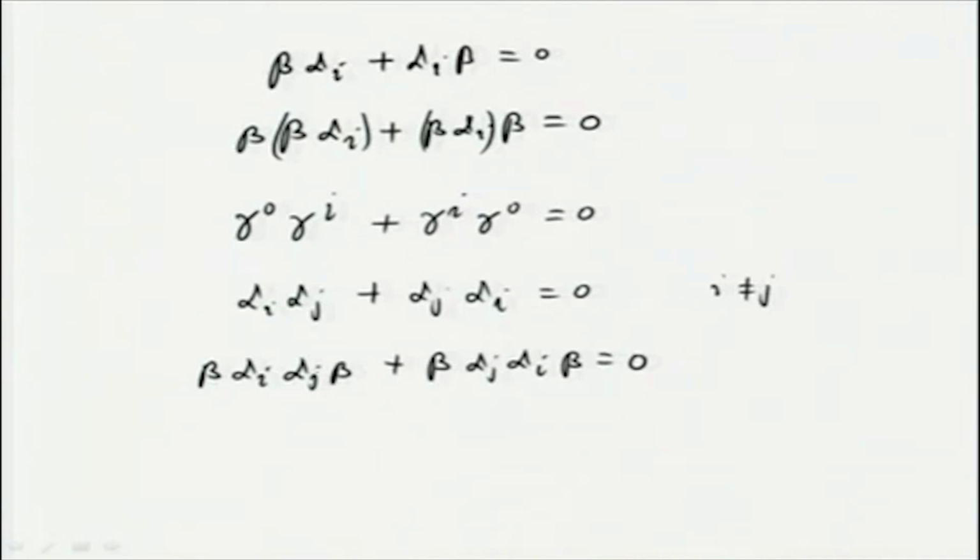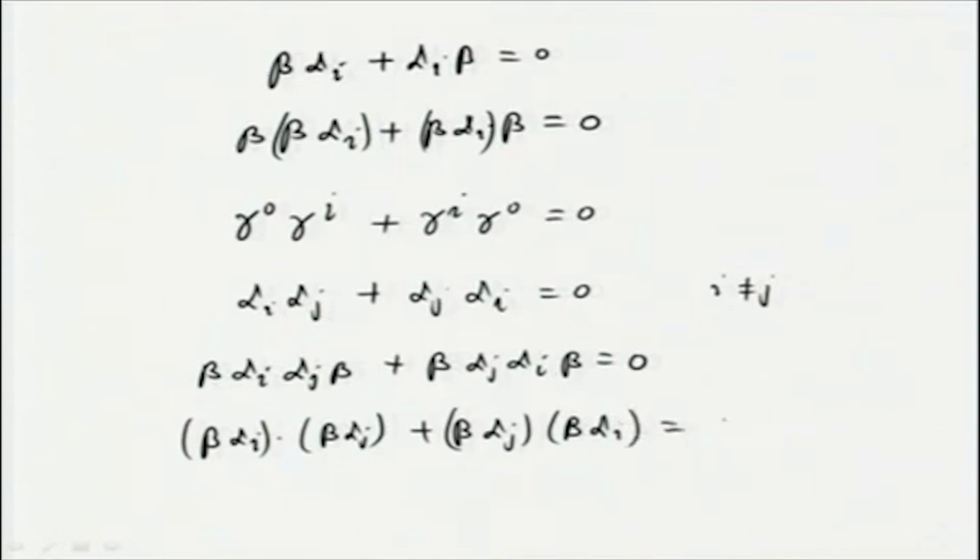I switch these beta and alpha j in the first term and beta and alpha i in the second term. That will give you a minus sign in both cases, but that will give you only an overall minus sign, and the first one is gamma i gamma j plus gamma j gamma i equal to 0.